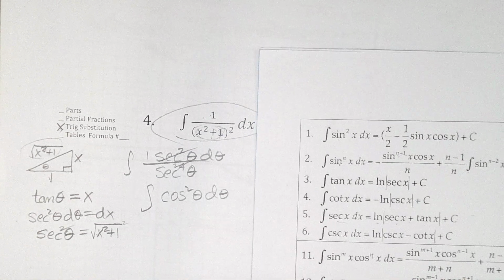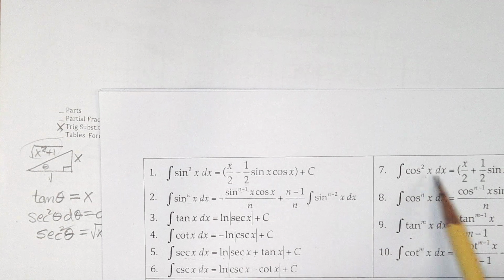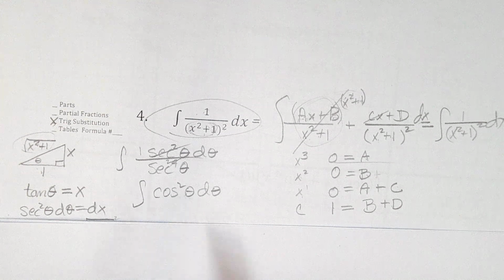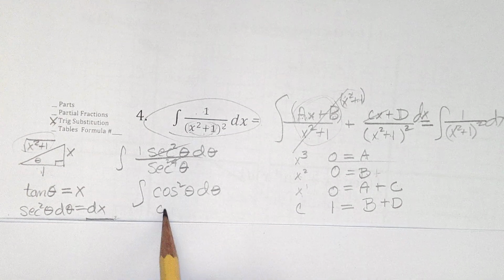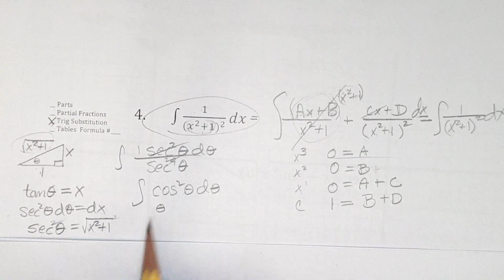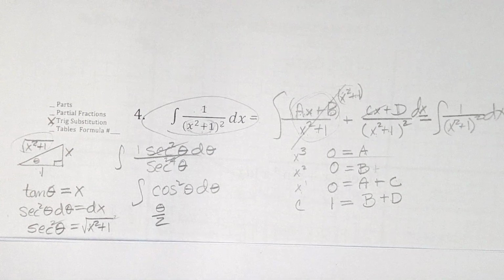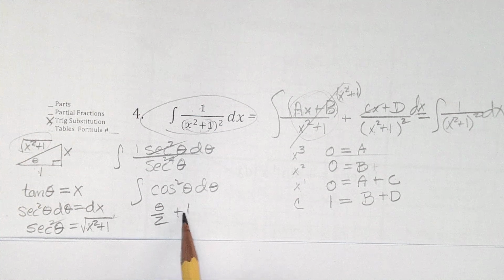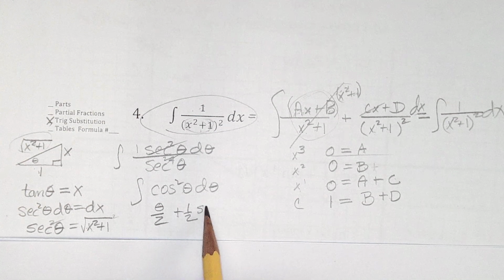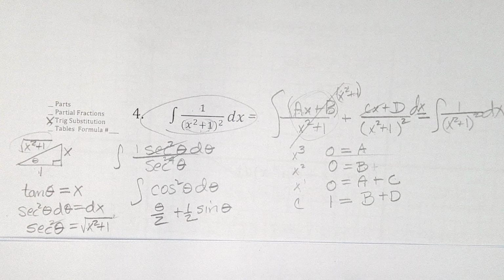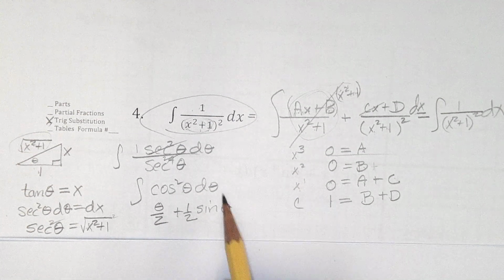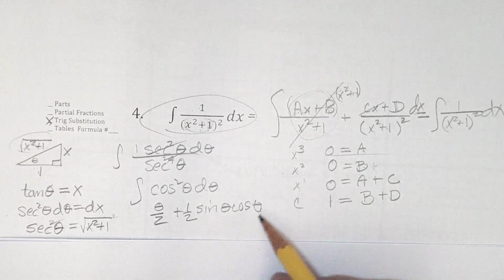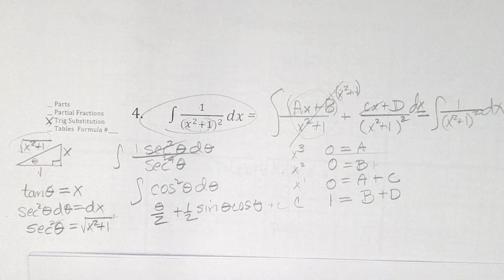And the integral of cosine squared is theta over 2 plus 1/2 sine theta cosine theta plus c.